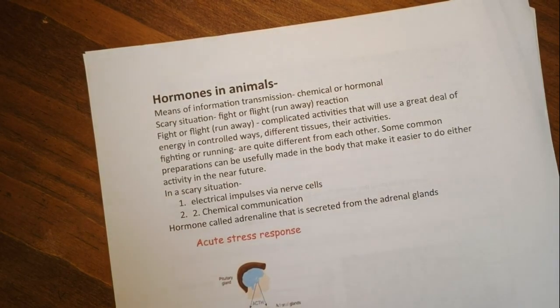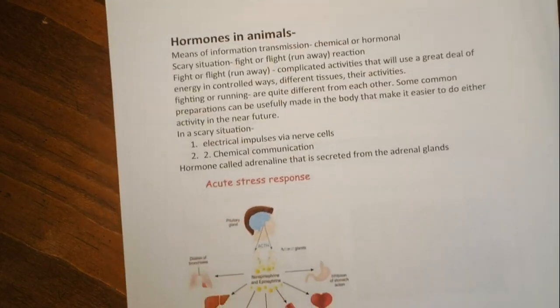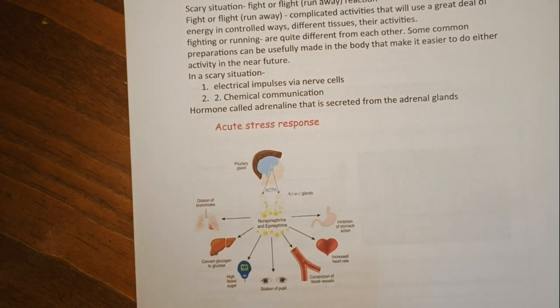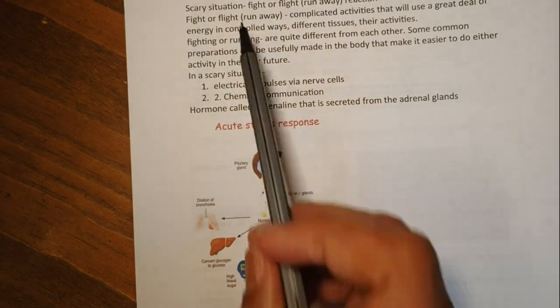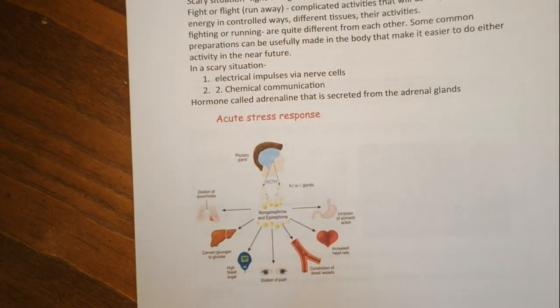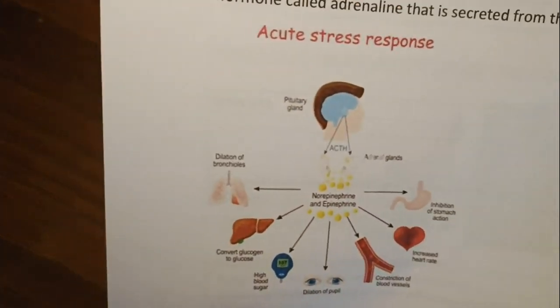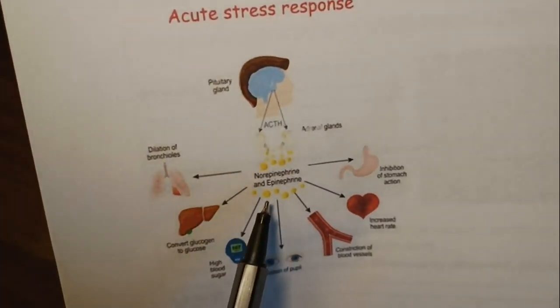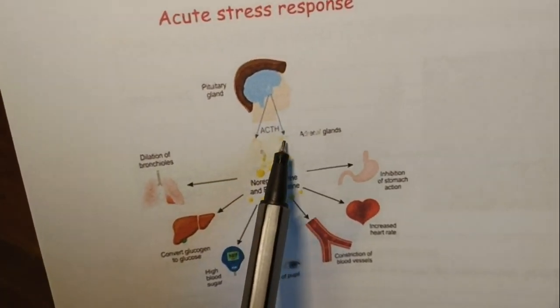There is also a chemical called noradrenaline, but we mainly concentrate on adrenaline because this is more in quantity and more useful in acute stress situations, scary situations. So adrenaline, this diagram will show you how adrenaline secretion is controlled from adrenal glands.